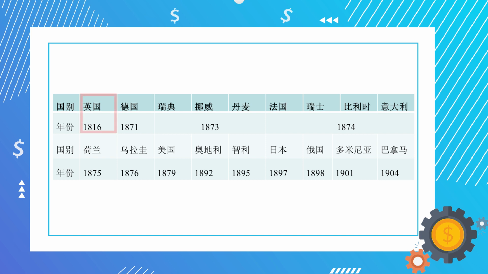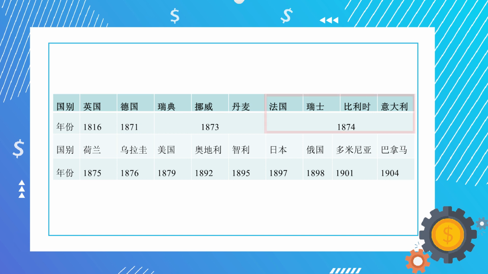We can see from the table that Britain was much earlier than most other countries to adopt the gold standard system. Germany adopted the system in 1871. Sweden, Norway, Denmark were in 1873.